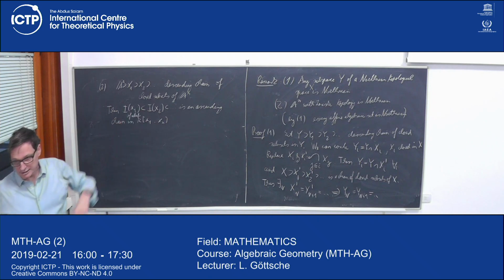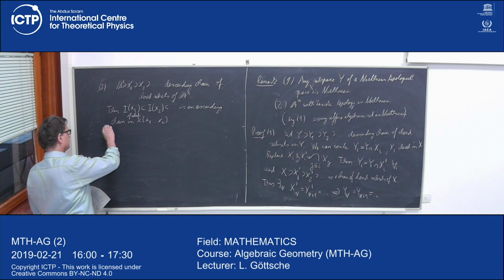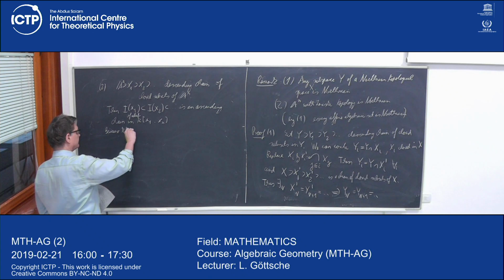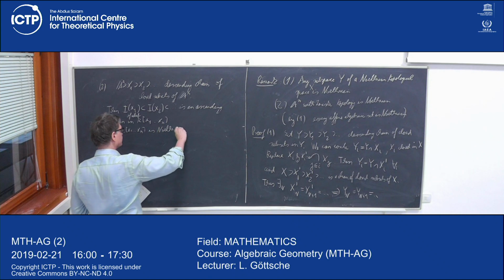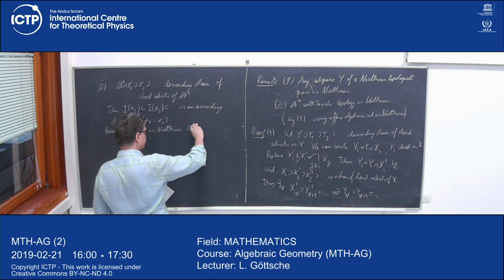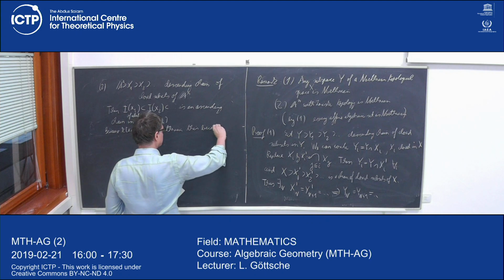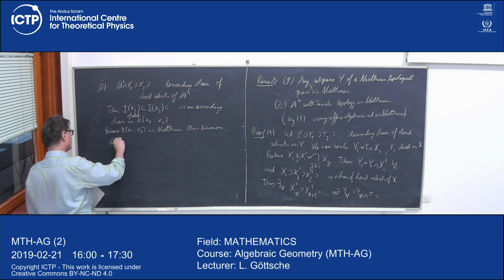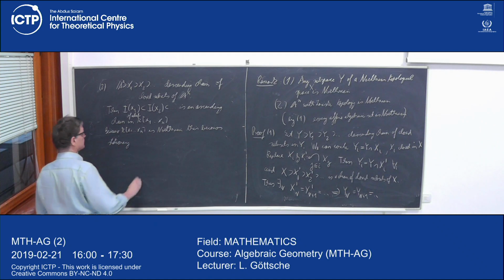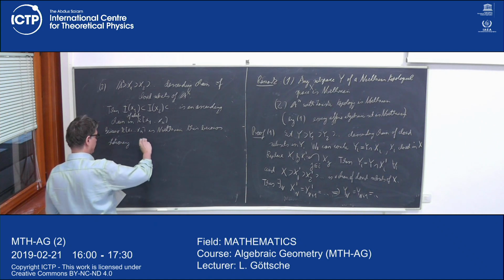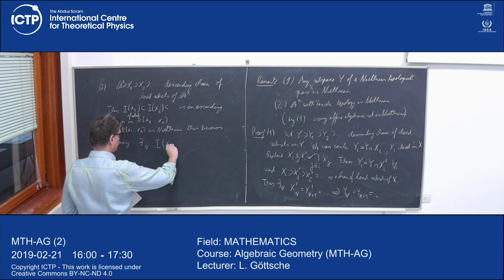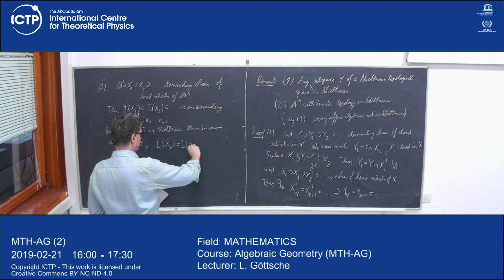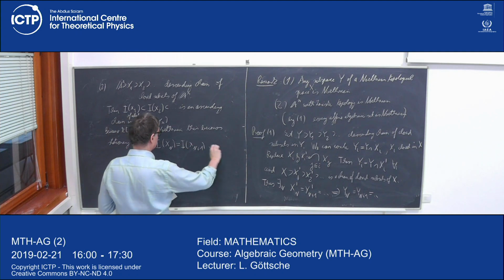So this ascending chain becomes stationary, because k[x1,...,xn] is Noetherian. So there exists again an n such that I(Xn) is equal to I(X(n+1)) and so on.